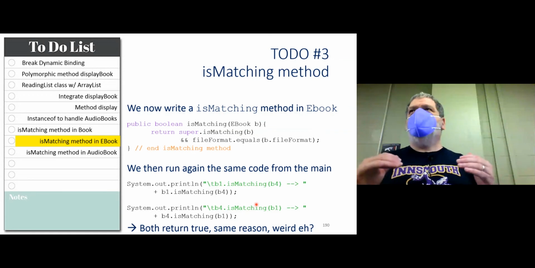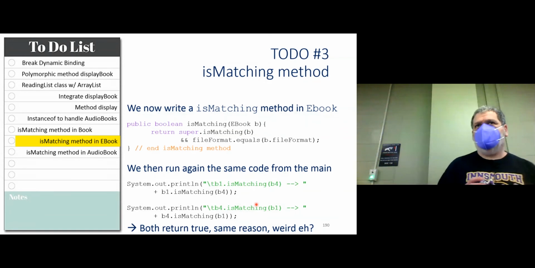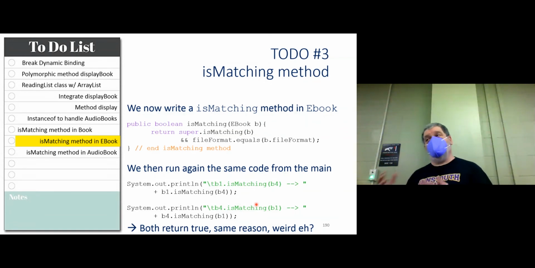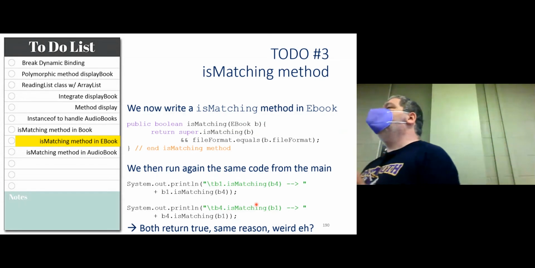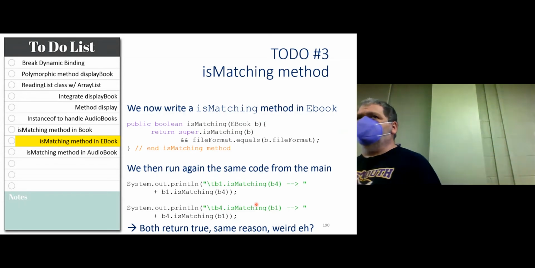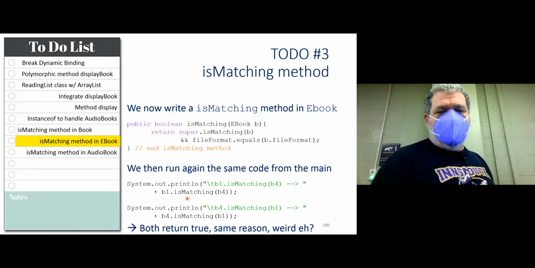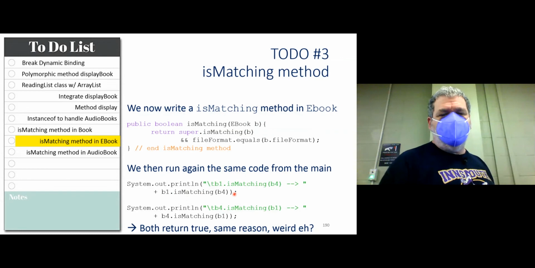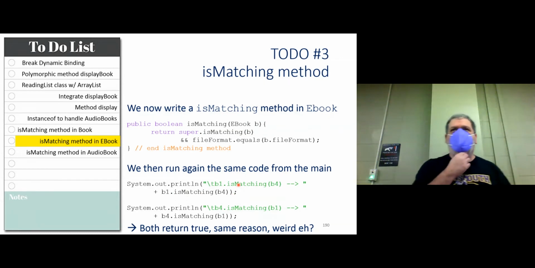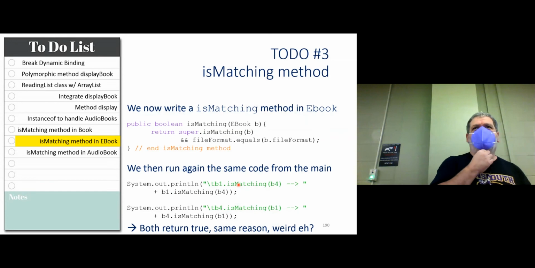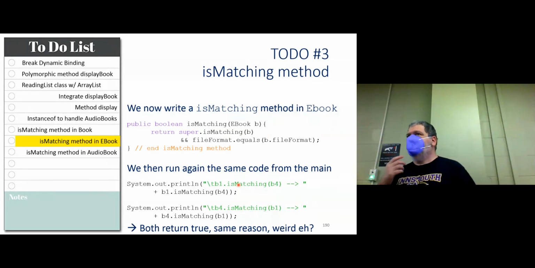stage here where I really need to make sure everybody understands what's going on, okay? And it has to do with overloading, of course, because we overloaded the method. It also has to do with dynamic binding. So we're going to review those things together real quick here. So b1.isMatching(b4). b4 is an ebook. No question there, no problem there. b1. So what is dynamic binding going to tell us here?